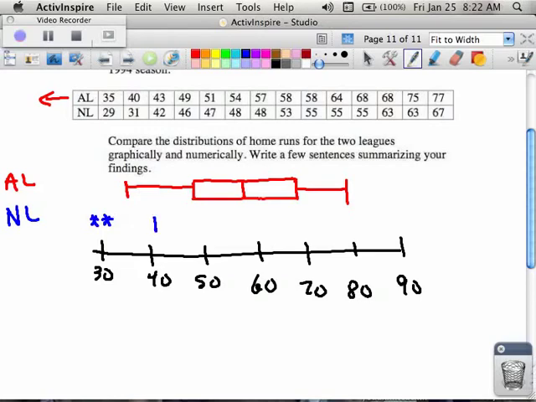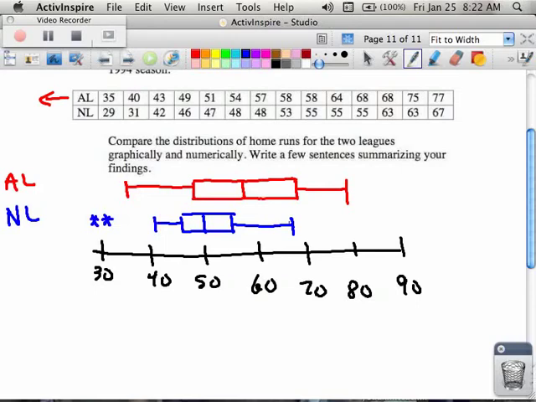You have a Q1 at 46, a median at 50, somewhere around there, Q3 at 55, and a max at 67. So it looks something like this. And then you can go into your calculator, and that's what I'm going to talk about next, because you kind of need to know how to do this.